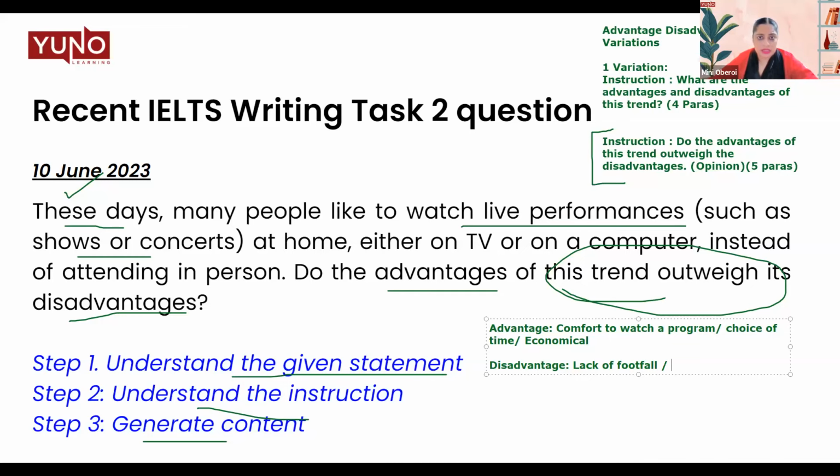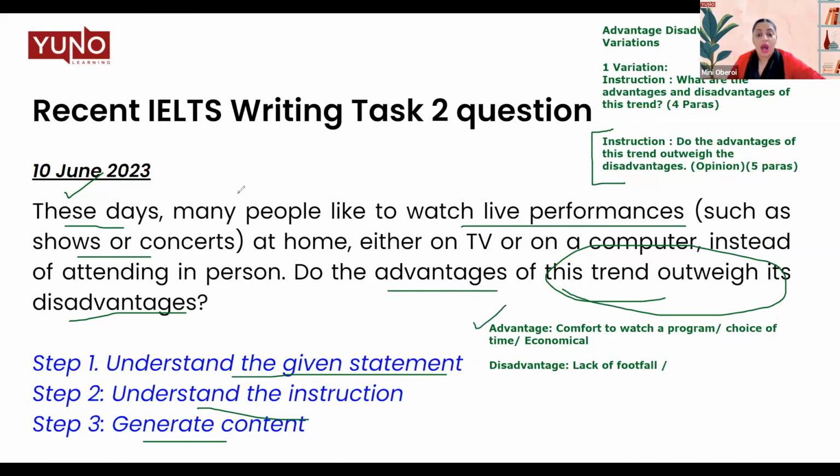Pickpocketing can take place in such a place, right? So all these things are there, isn't it? Now, when we look at the disadvantages and the advantages, I personally feel I have more content on advantage, right, everyone? We have more content on the advantage.